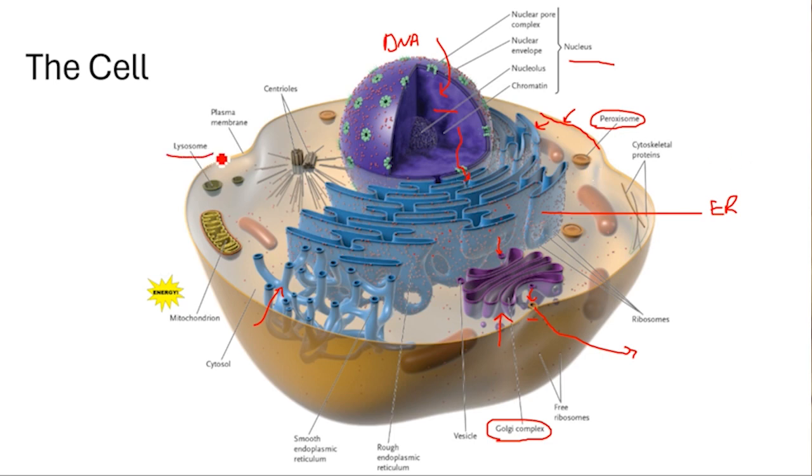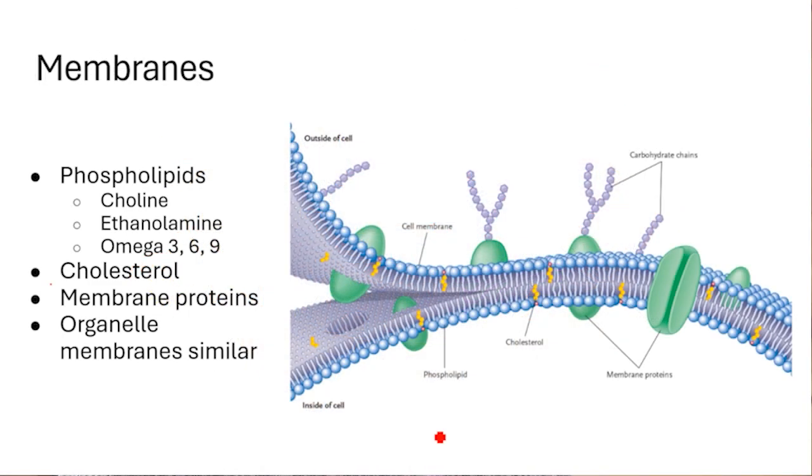Another organelle is called the lysosome, and this contains digestive enzymes that help the cell to break down macromolecules or old cell parts. Okay, and that'll be more important in a minute. And then we have our mitochondria, and these are the organelles that are producing our energy in the form of ATP.